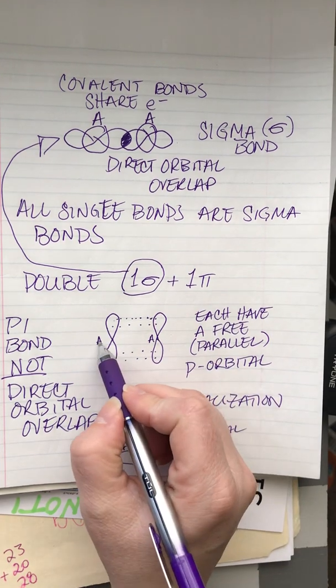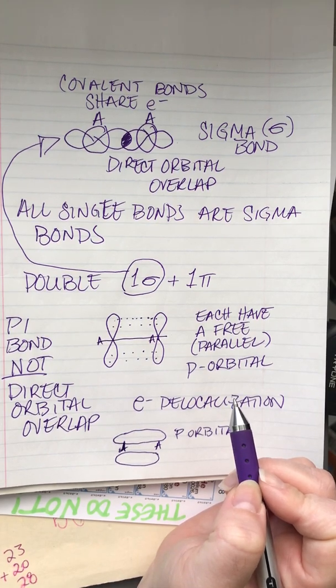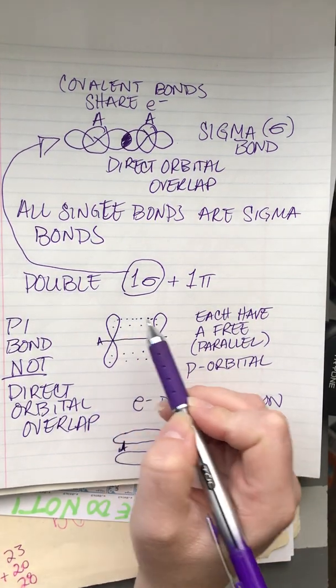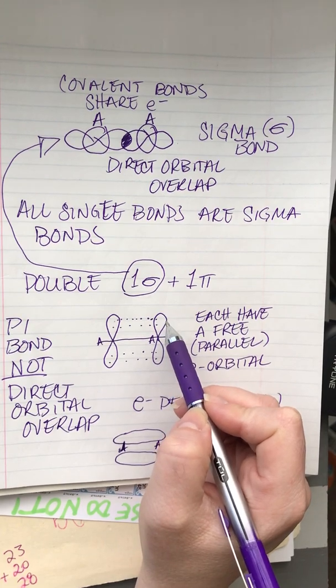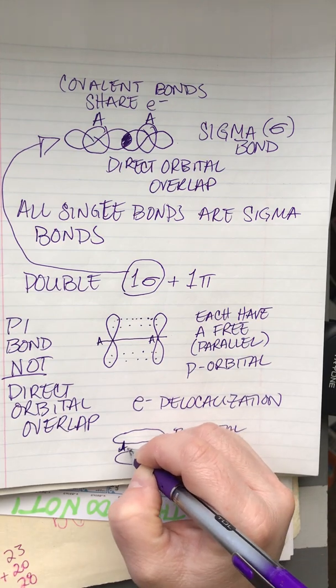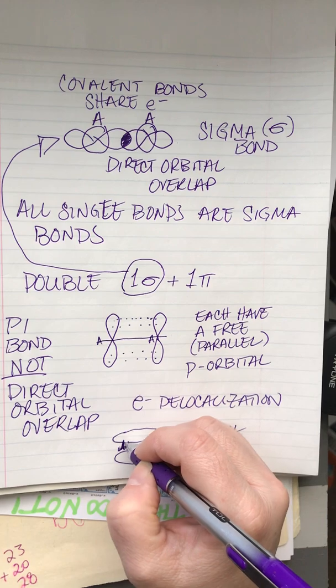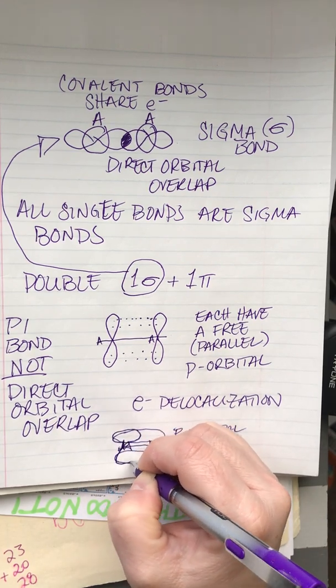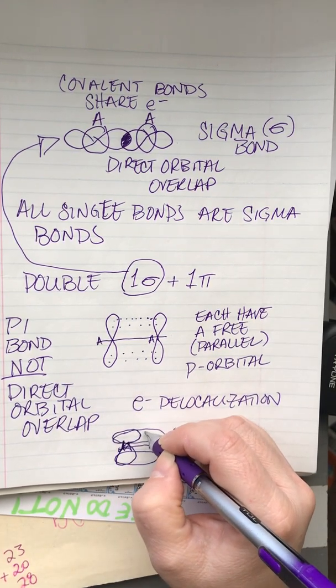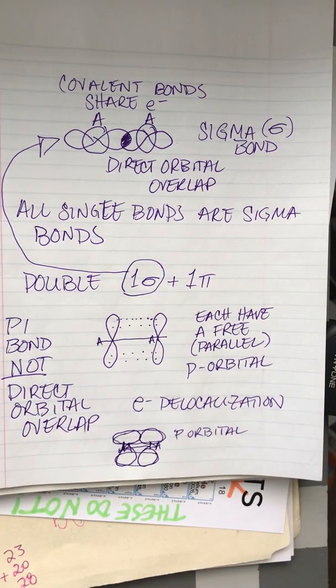So we have this area right here, which is a node. That's where the electrons don't want to hang out. And we have these little areas of electron density. And what we're saying is basically when you have these two atoms able to interact with each other, the p orbitals kind of spread out to get closer to each other. Sorry, it's not a cute picture. But that's basically what you have.